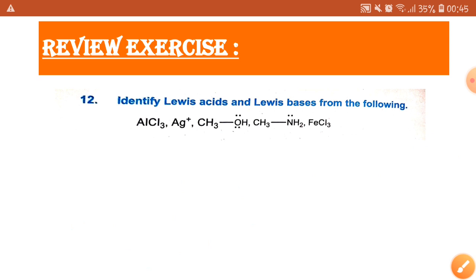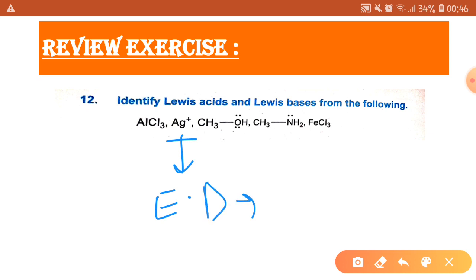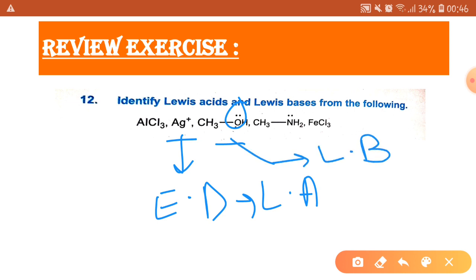Now for silver, as you can see there is a positive charge on the silver atom, so therefore it is an electron deficient species. Since it is an electron deficient species, it will be considered a Lewis acid. Now if we take an example of methanol, in methanol you may see that there is more than one lone pair of electrons on the oxygen atom, and since the octet of this oxygen atom is complete, this methanol can act as a Lewis base.